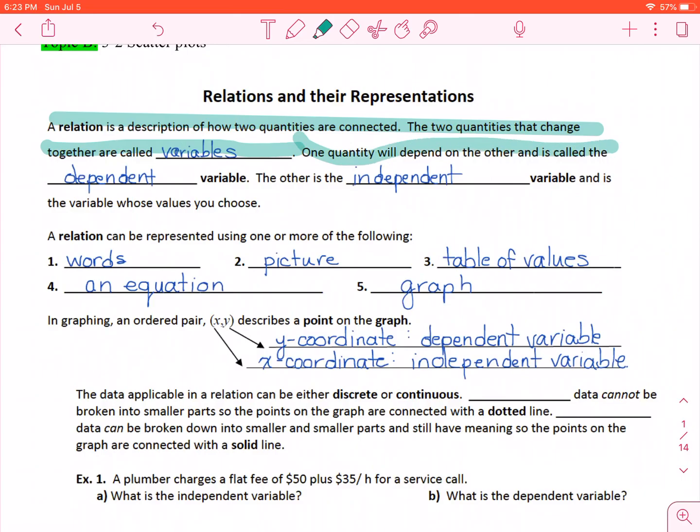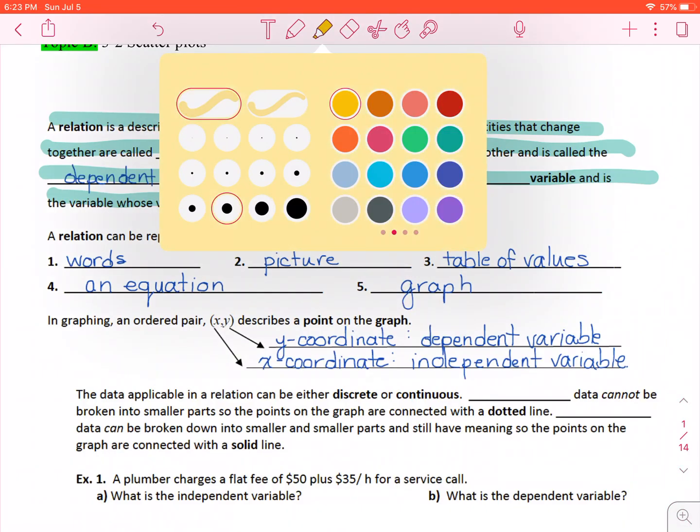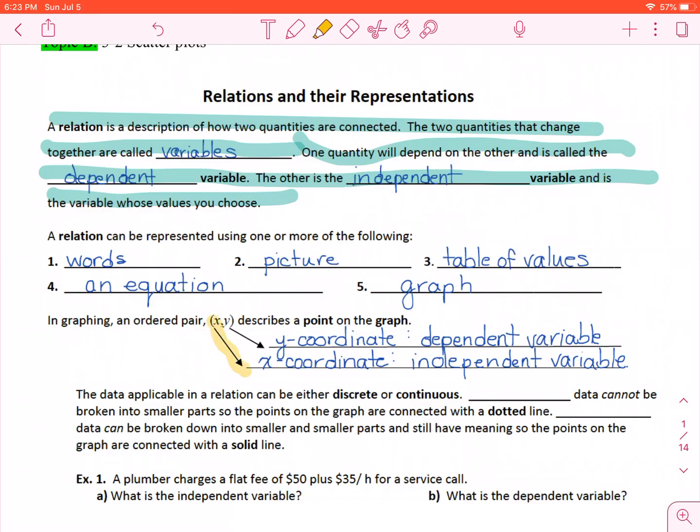One quantity will depend on the other and is called the dependent variable. The other is called the independent variable and is the variable whose values you choose. Okay, now in terms of just differentiating the independent versus dependent, X is the independent variable. So some examples of an independent variable would be time, hours worked, number of popcorn packages sold, number of tennis balls sold.